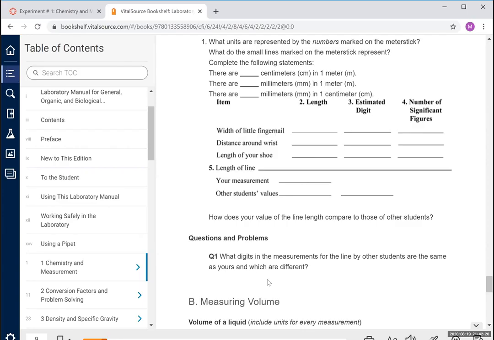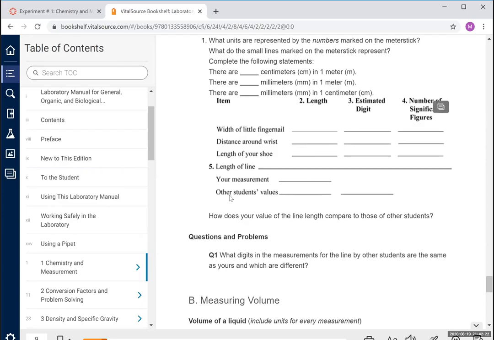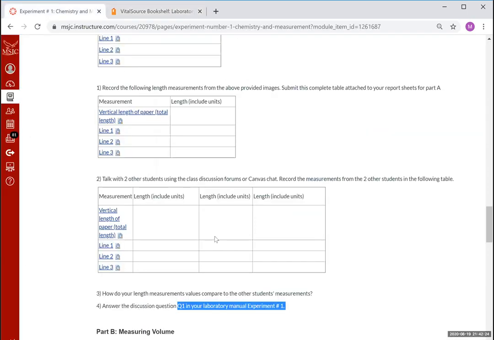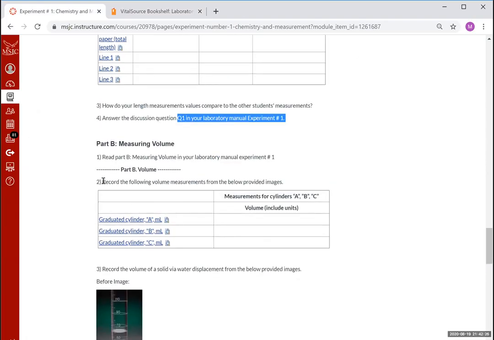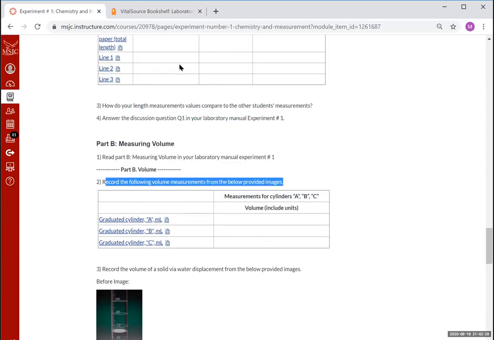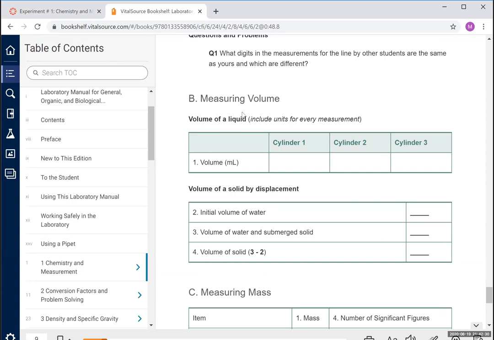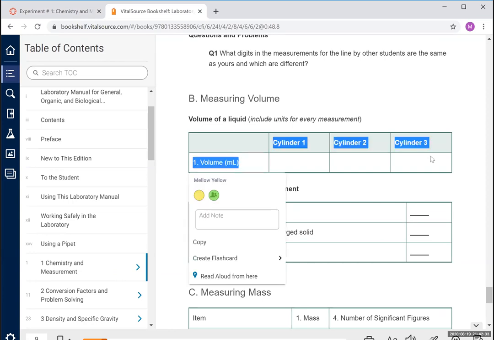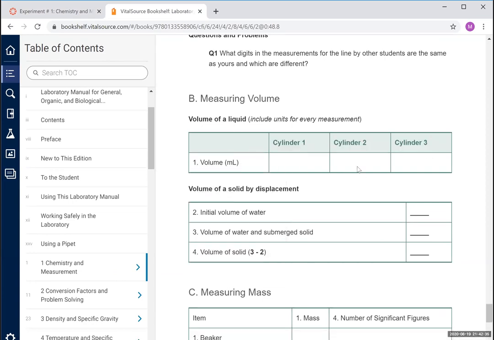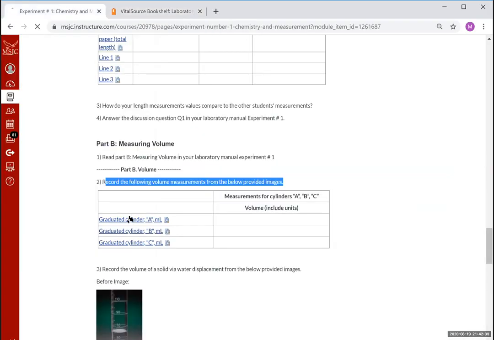So you're always going to answer these discussion questions. For part B, measuring volume, I provided you 3 graduated cylinders, and this is exactly the same as your lab manual. So you can directly fill in your measurements into the lab manual. And just like before, the cylinders have some pictures.